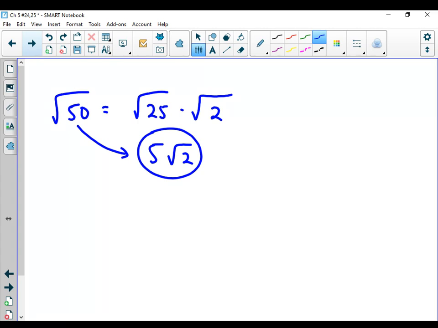Divided by 2, it would be 45. What if there isn't a perfect square that divides it? Oh, then it doesn't work, right? So that doesn't work because it's not a perfect square.